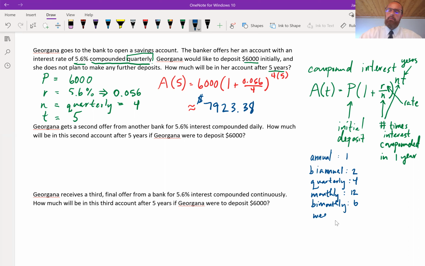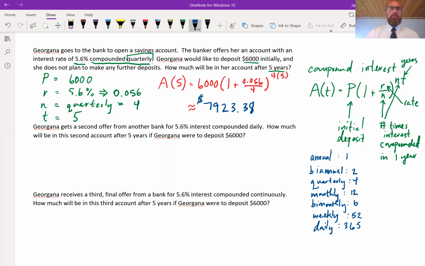Weekly. And definitely there are 52 weeks in a year. We could also do daily. And that n value would be 365. So depending on the word that comes after the word compounded, you have a different number for the n value.